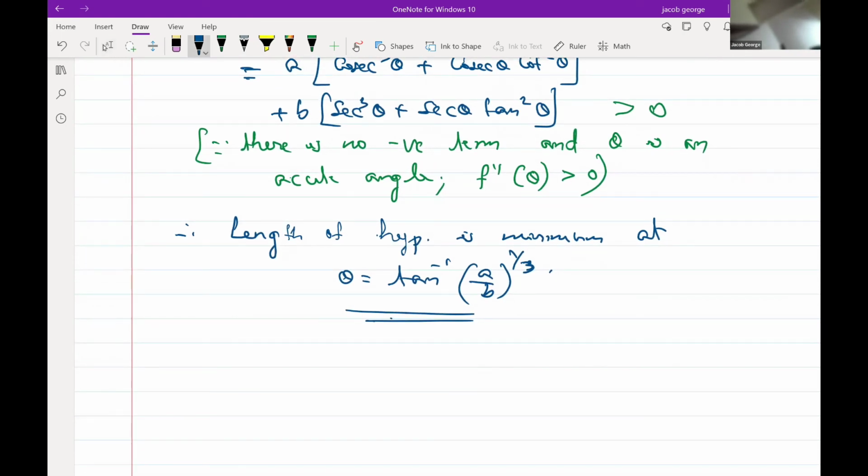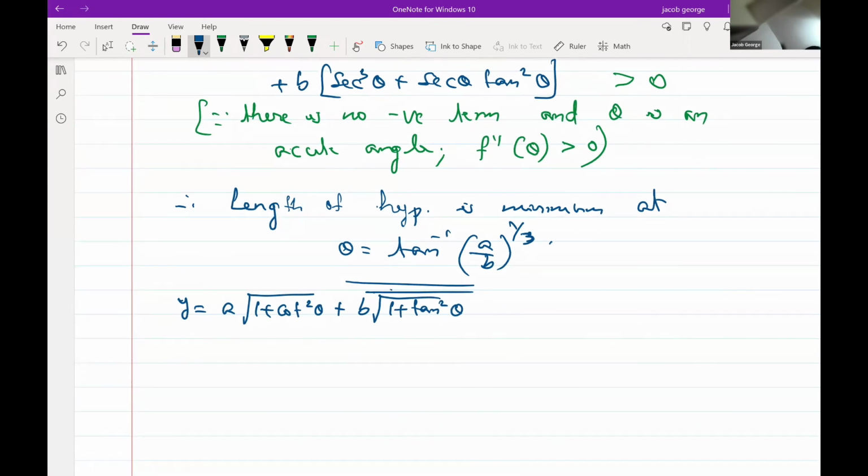I will explain that also, okay? The last part is to find the minimum length, and that minimum length answer is given in the question. So for that, we copy the length of the hypotenuse y equals a into root of 1 plus cot square theta plus b into root of 1 plus tan square theta.